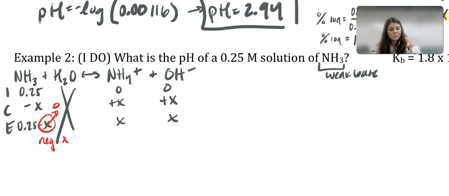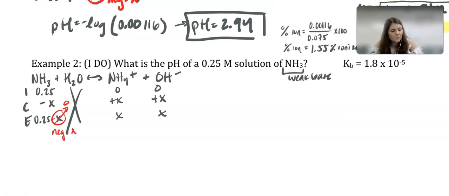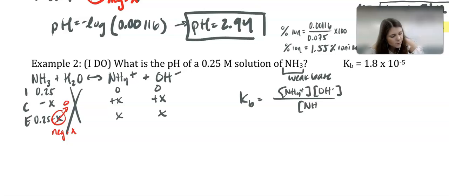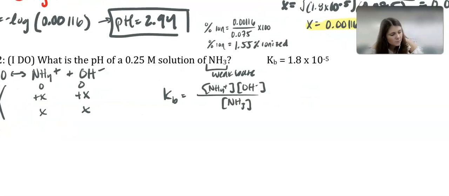So then let's plug everything into a Kb expression. So Kb equals ammonium multiplied by hydroxide over ammonia. So here, 1.8 times 10 to the negative 5, x squared over 0.25.